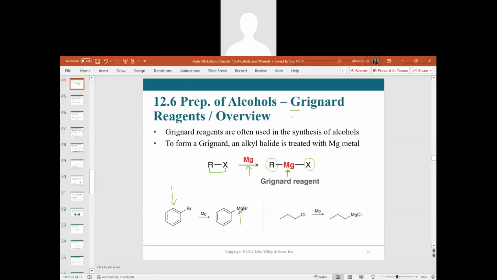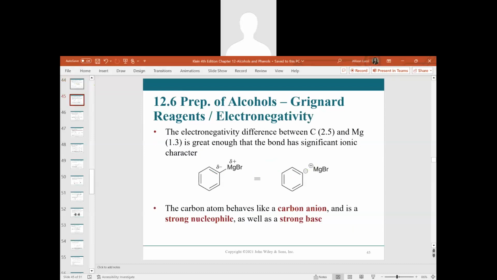Something similar with a primary alkyl halide, we see magnesium has been inserted here. So depending on whether you have an alkyl halide that's aromatic, primary, etc., we can form different Grignard reagents and then have different additions to our alcohol, different reactions occur.